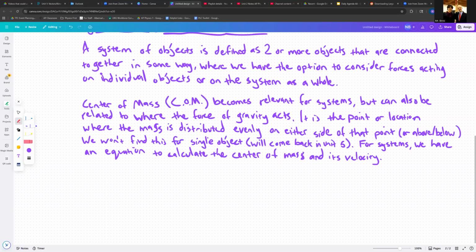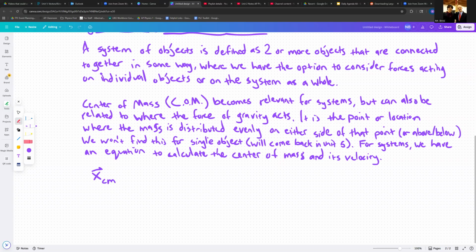looks like this. The symbol that AP uses for the center of mass is an x with subscript CM, standing for center of mass.